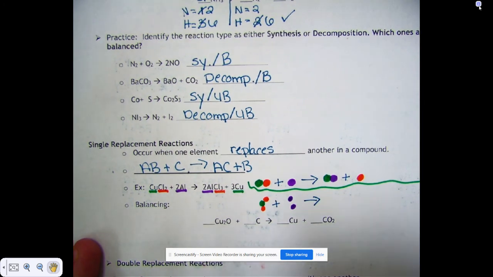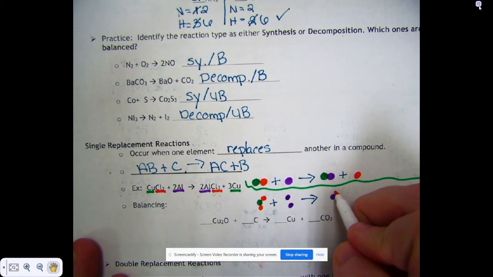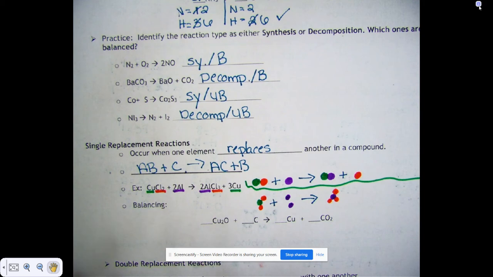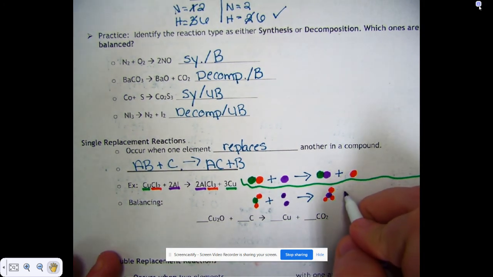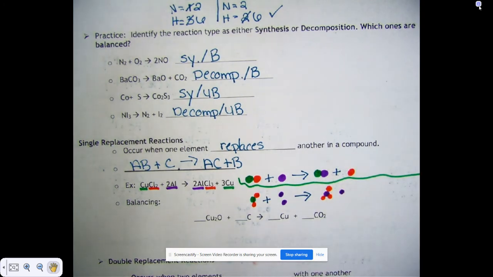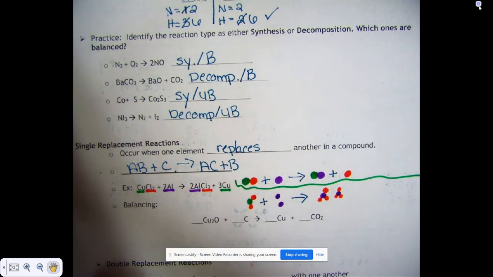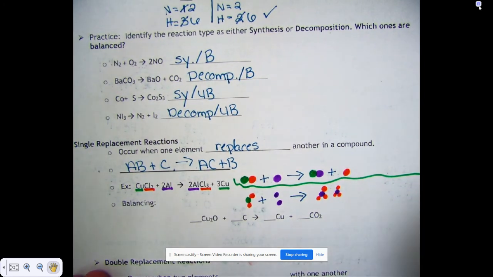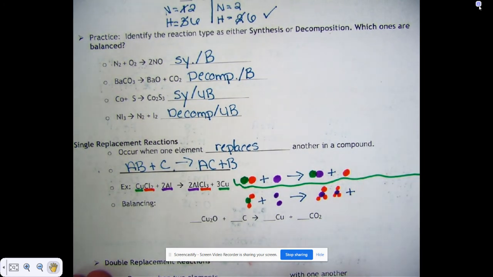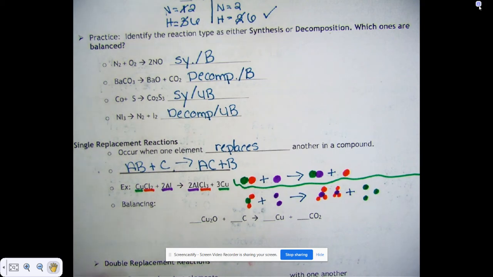So I have AlCl3. 1, 2, 3. And how many of them do I have? I have 2 of them. Okay. Plus 3 Cus. And because it says 3 Cus, they're just hanging out over here by themselves.